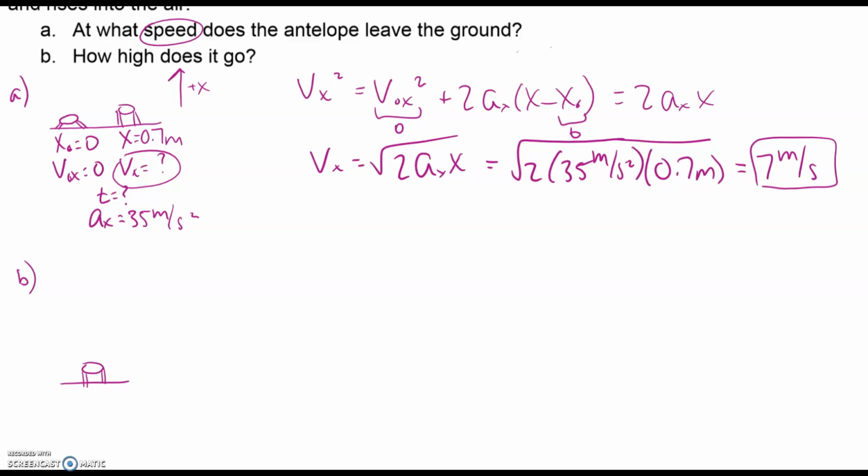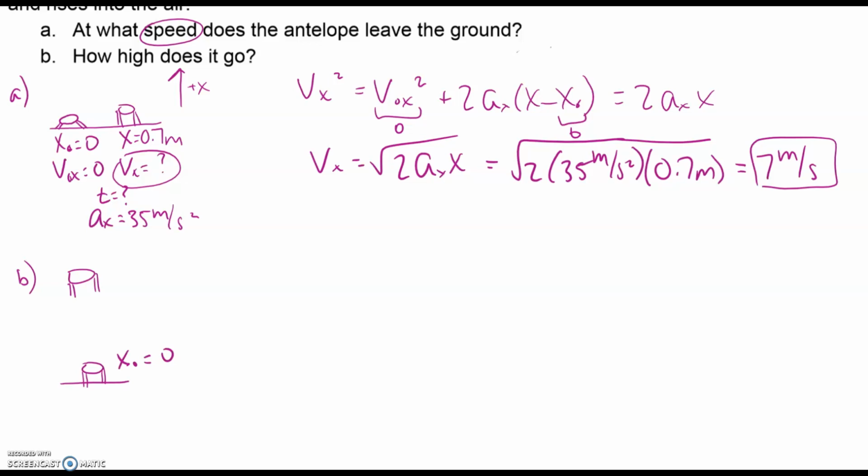Since we want to know how high it goes up, let's call our final location its peak in its trajectory, so its peak in its jump. So our initial location, let's call that a height of 0. We'll have to keep that in mind just for the sake of problem solving. I think it'll be easier if we call this height 0.